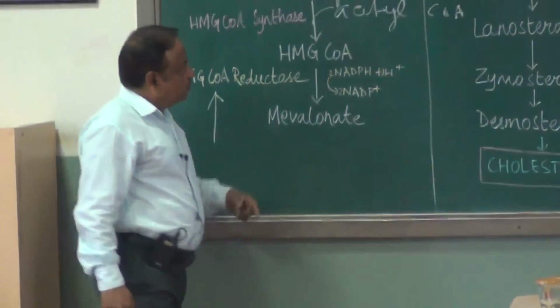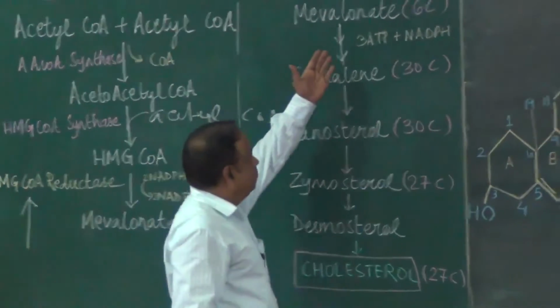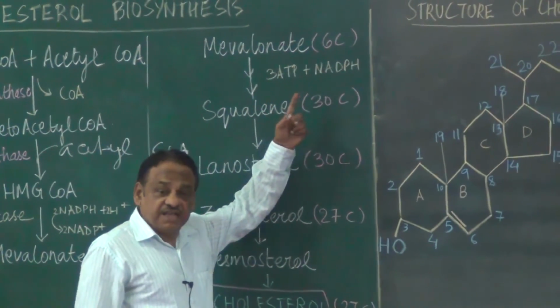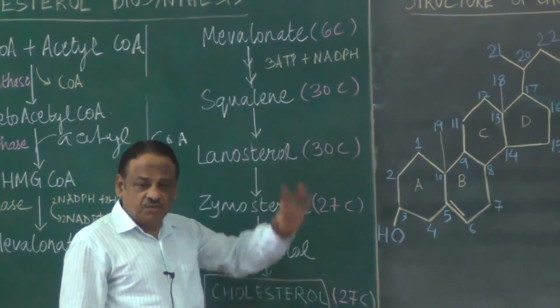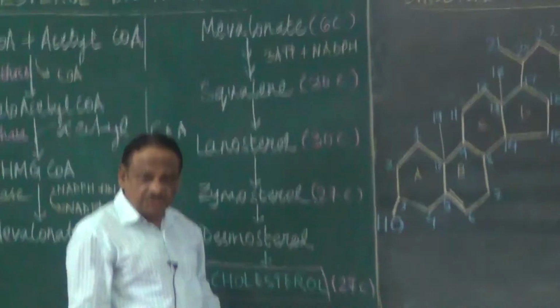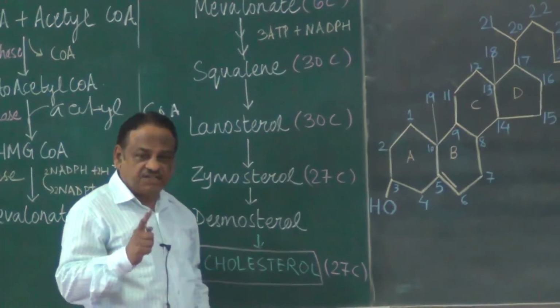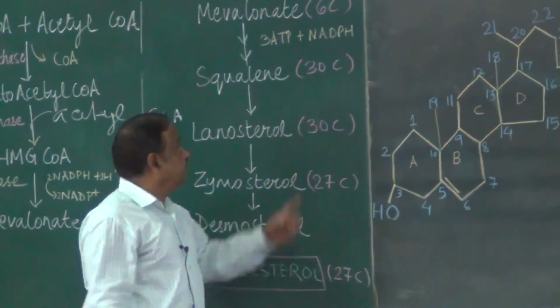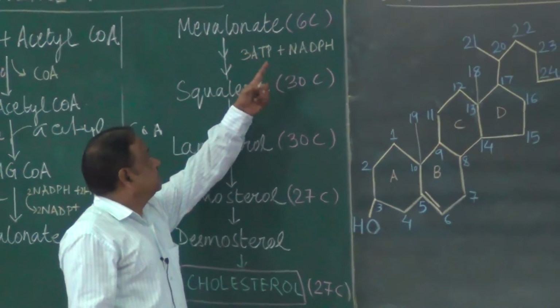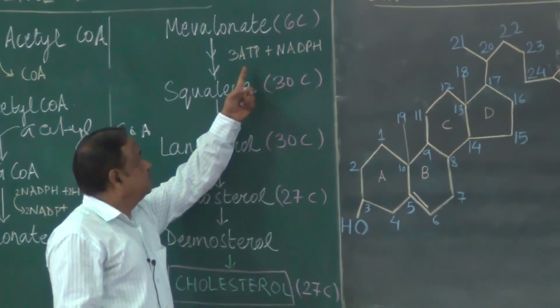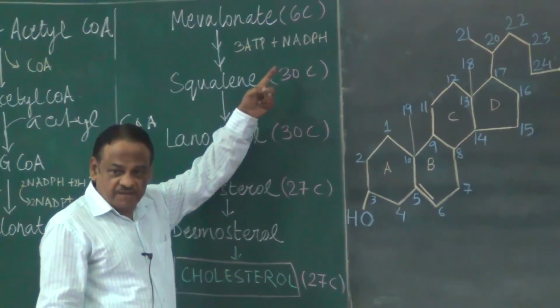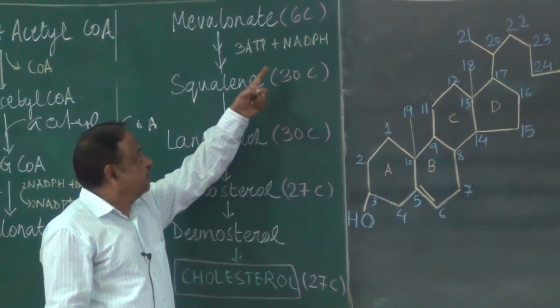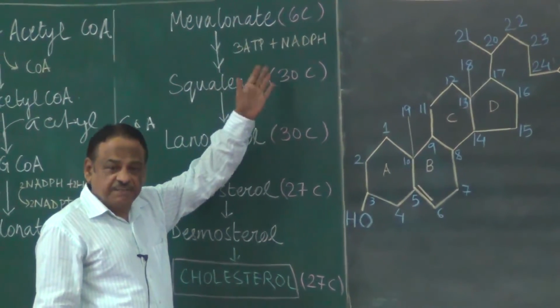So you get mevalonate, then by a series of reactions. Mevalonate is a 6 carbon compound, because we have used 3 acetyl-CoA molecules. One acetyl-CoA contains 2 carbons, so 3 into 2 is 6. You need 3 ATPs and NADPH, again NADPH, which is supplied by the HMP shunt pathway.